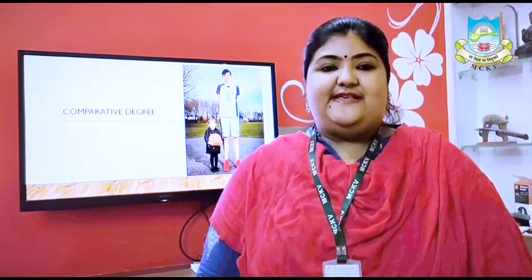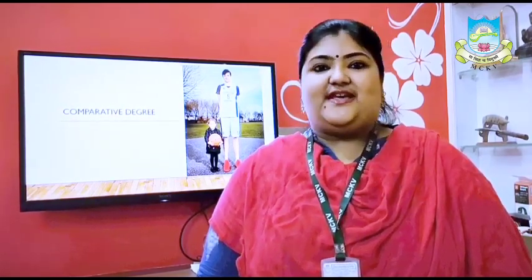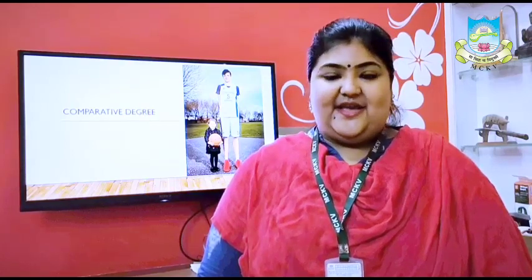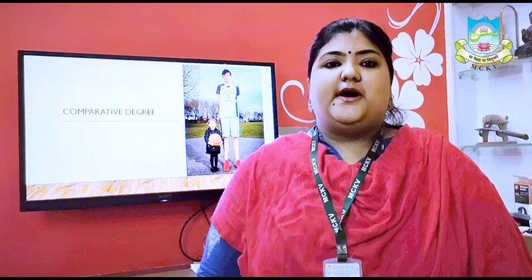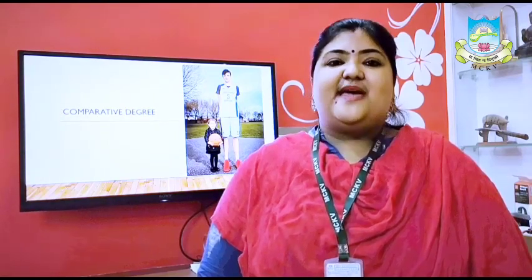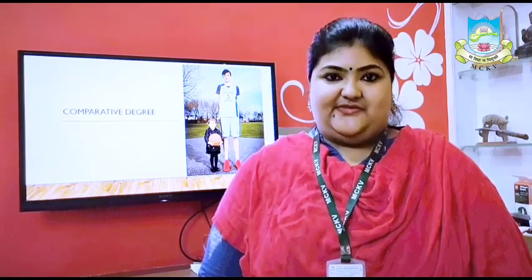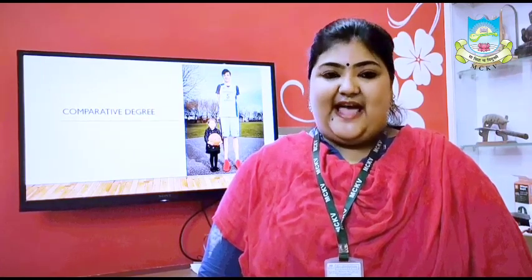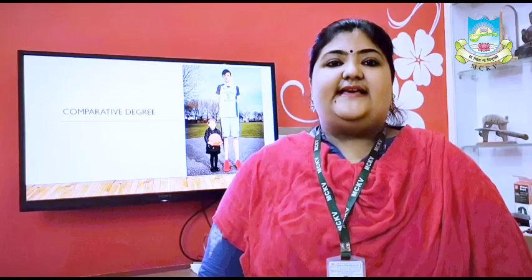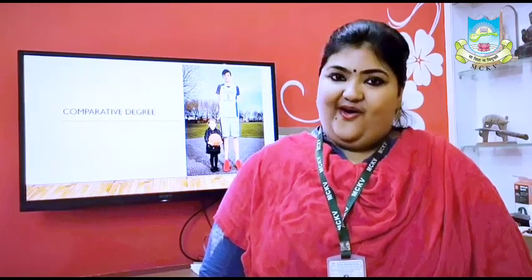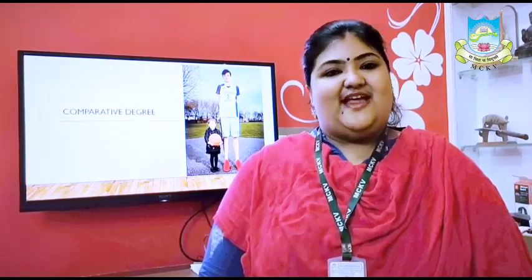For example, if I say Rosie is shorter than Rohan, even that is correct because I am adding the suffix er to the words tall and short to make it a comparative degree of adjective, and also the word than comes after that. I'll again just repeat myself. Rohan is taller than Rosie or Rosie is shorter than Rohan.